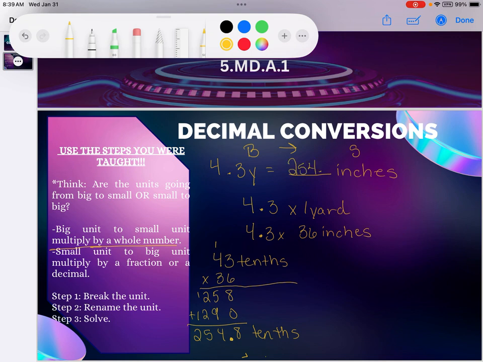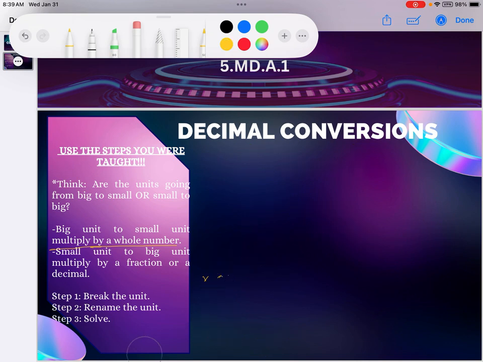All right, another one. Let's see, 30 inches into feet. So I know I'm moving from a smaller unit to a bigger unit, which means I'm going to be multiplying by a fraction or a decimal.